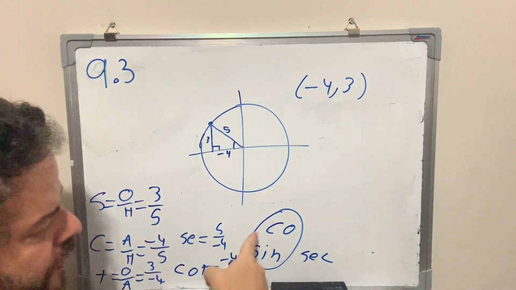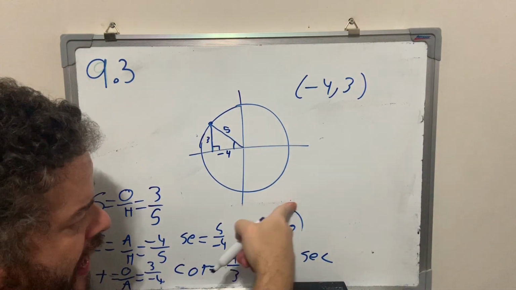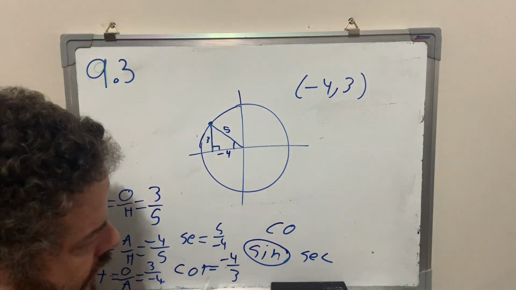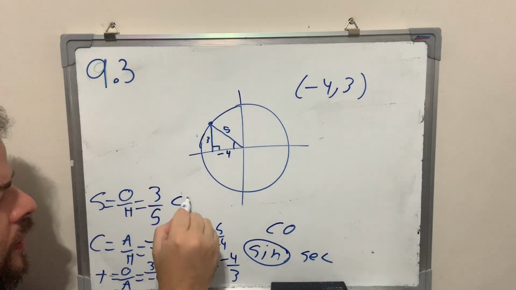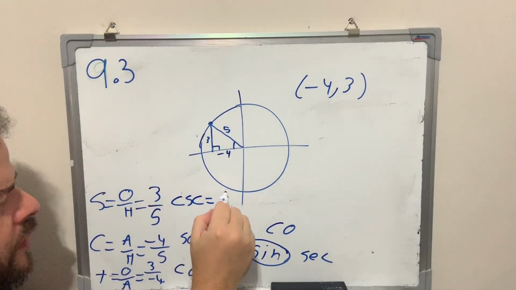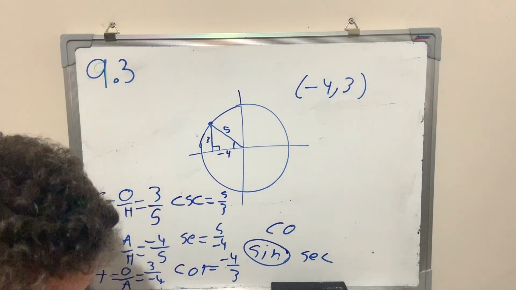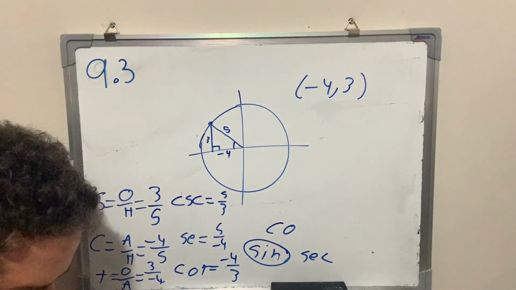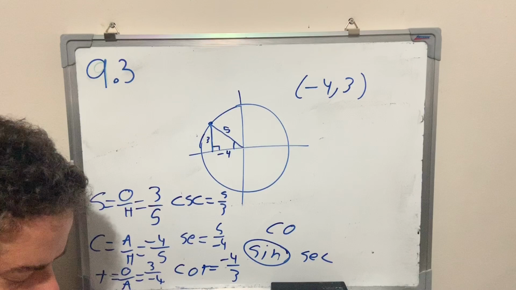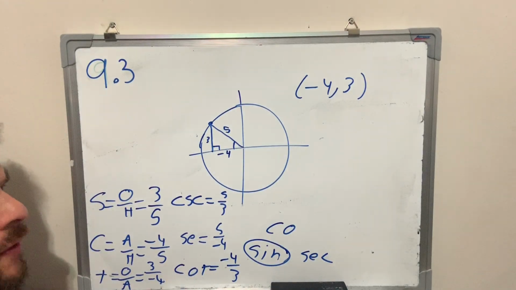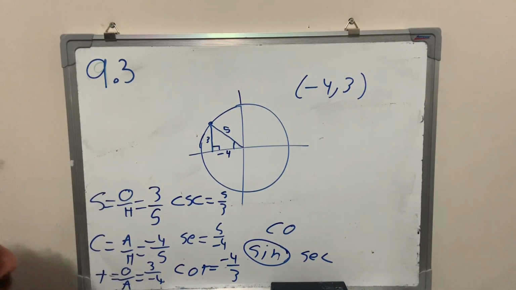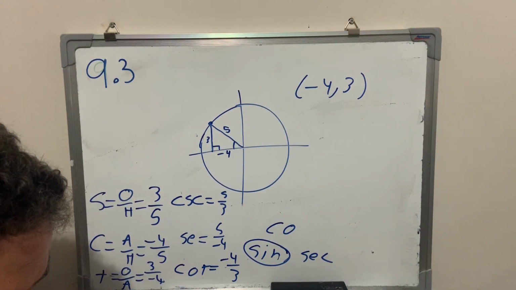And the inverse of sine is cosecant. Cosecant will be equal to 5 over 3. Those are pretty much the values that you're going to be using. If you go over example 1, evaluate the 6 trigonometric functions of the angle formed using this. So that's pretty much example 1.